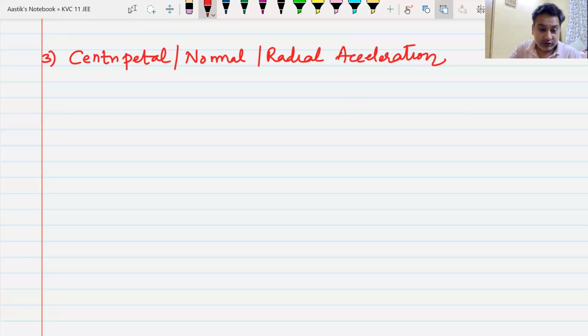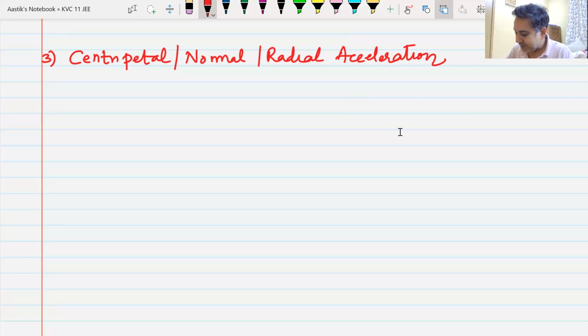Centripetal or normal or radial acceleration that changes the direction of velocity, my dear friends. You don't remember it? Well, still I have to tell you. And I hope better sense will prevail.